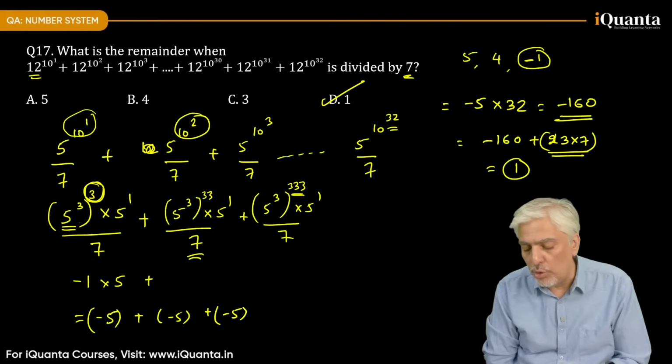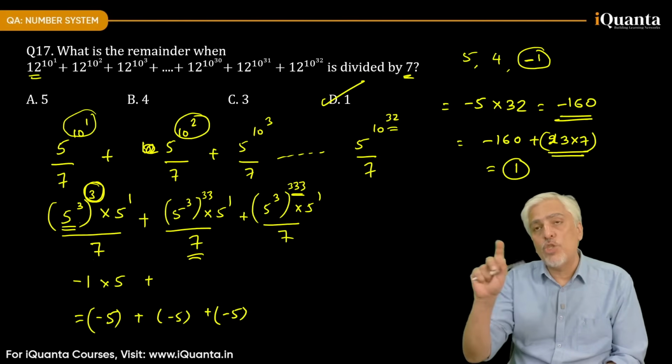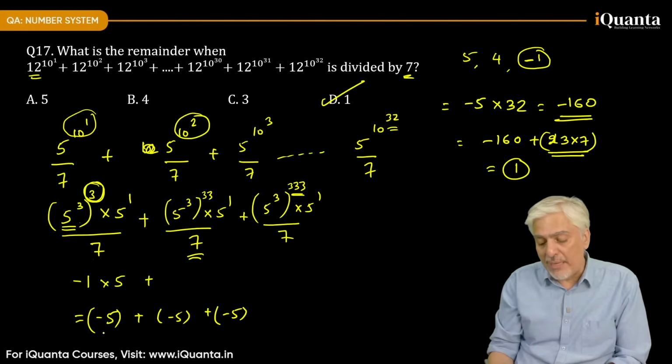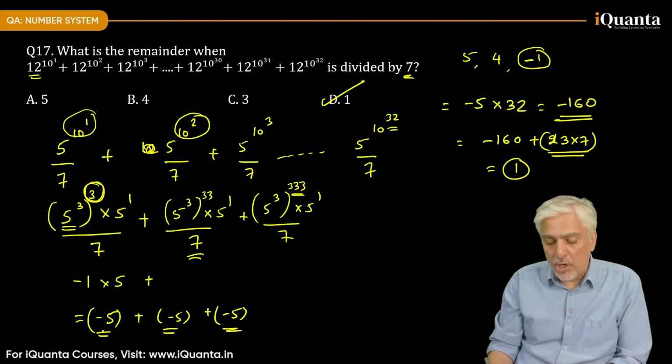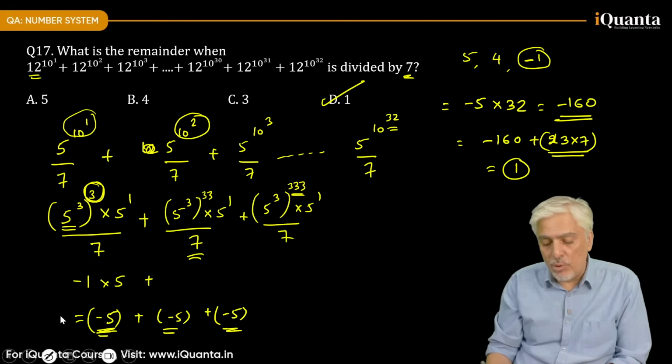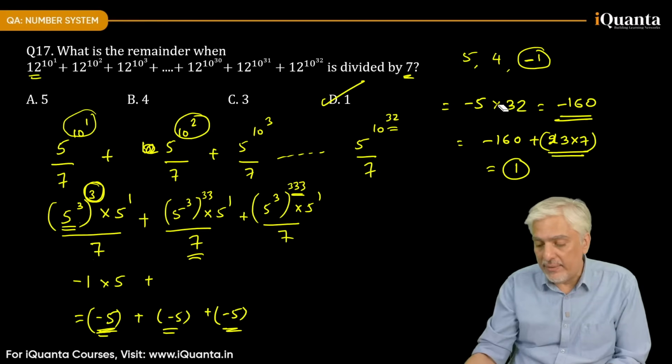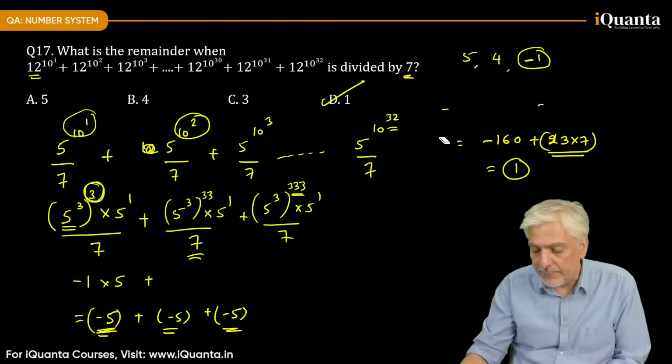How -2? You can take +2. I'll teach you one more trick. When -5 came the first time, we can make it positive by adding 7 right then. So we won't need to do this whole step.